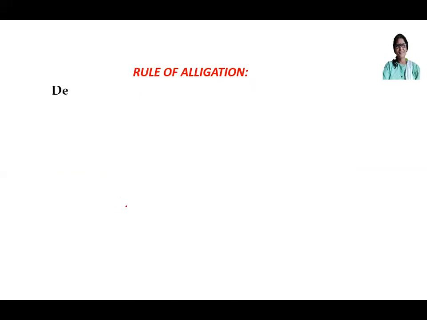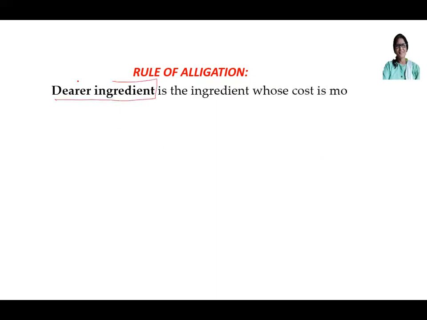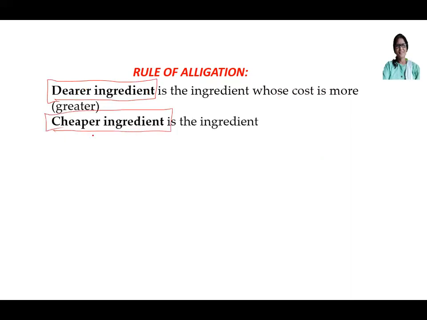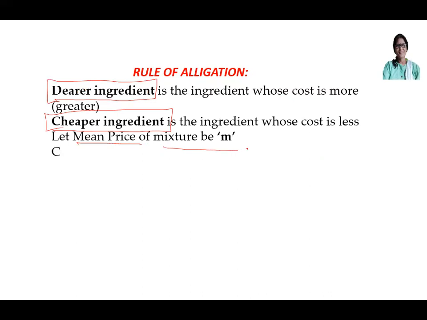So let us go for the symbols used here. Dearer ingredient means which is costly, whose cost is more or greater. Cheaper ingredient is one whose cost is less. And mean price is the cost of the mixture.